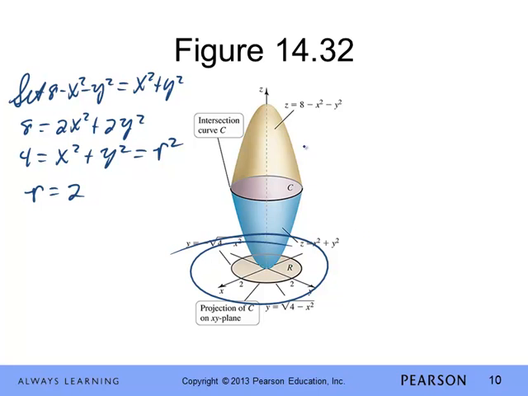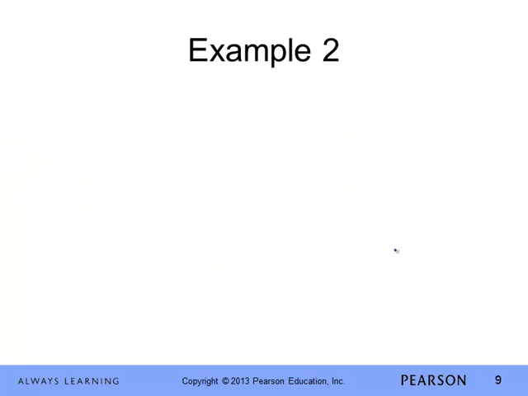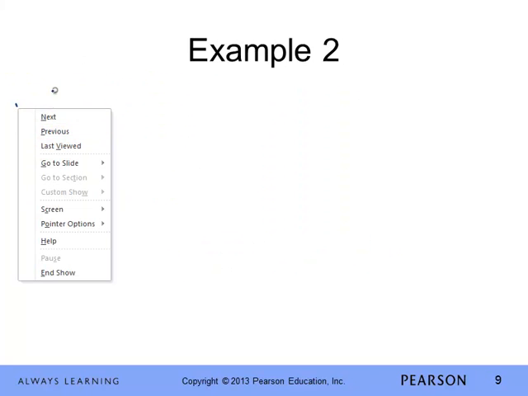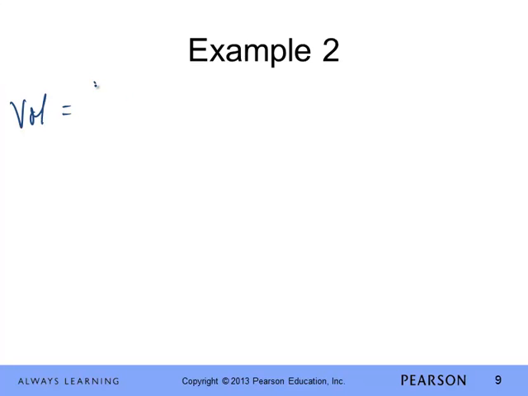And then you're going to be integrating the function, which is the difference between this function and this function. So your volume is going to be the integral of the difference between those two functions: the upper one was the 8 minus r squared, minus that bottom one, which was r squared.